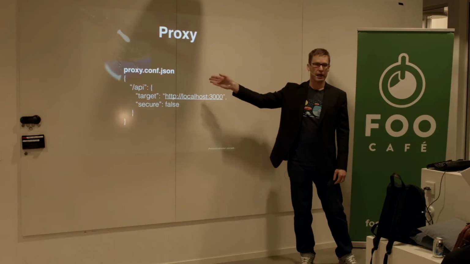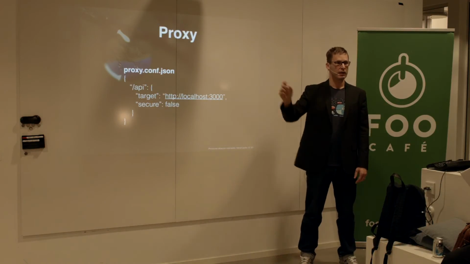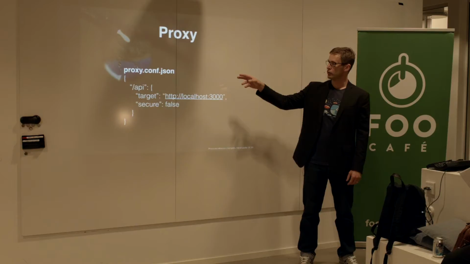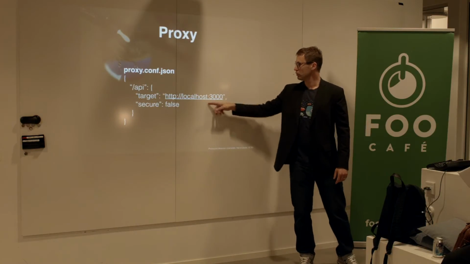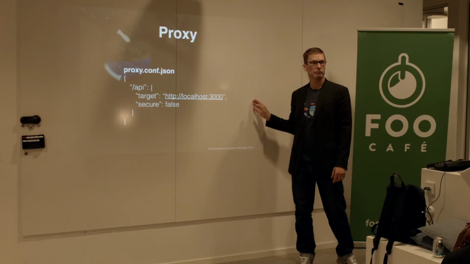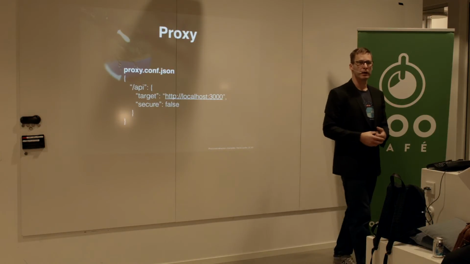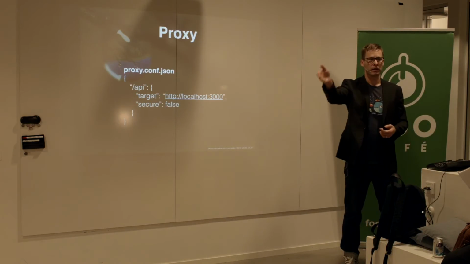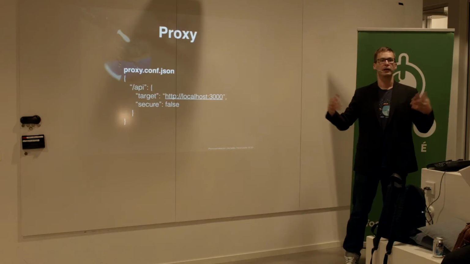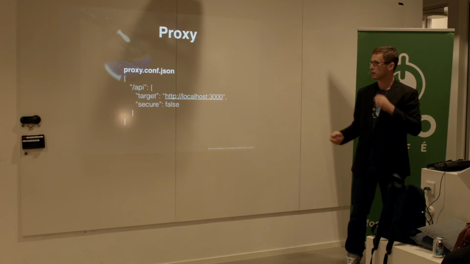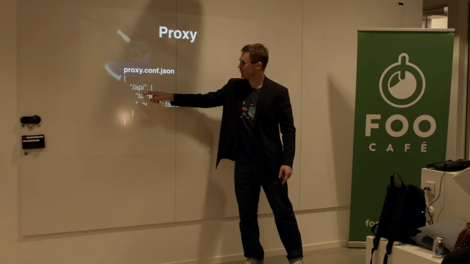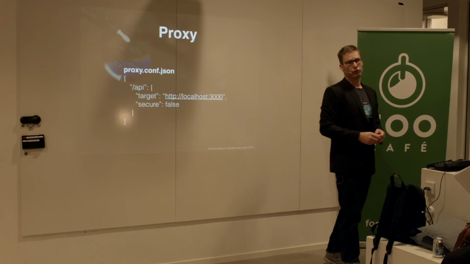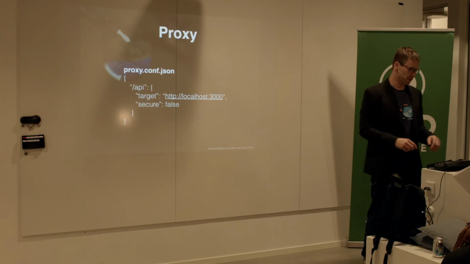So you add a path, and when you access that path, localhost 4200/API, it will go to localhost 3000/API. So you can get access to your backend, but you don't have to have a specific IP or port number for where you're running it right now. It can be external or local. What you have to remember is what you write here is appended here plus whatever you put extra on that URL. Secure is if it's encrypted or not.